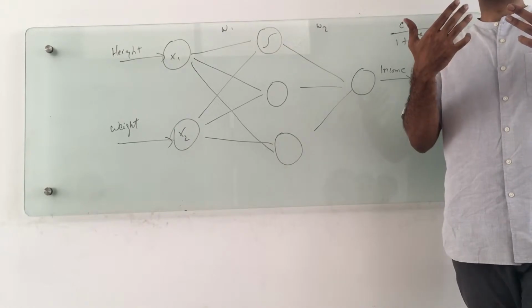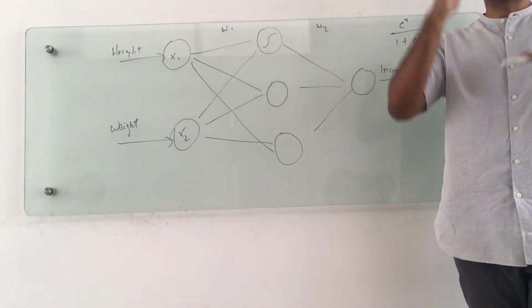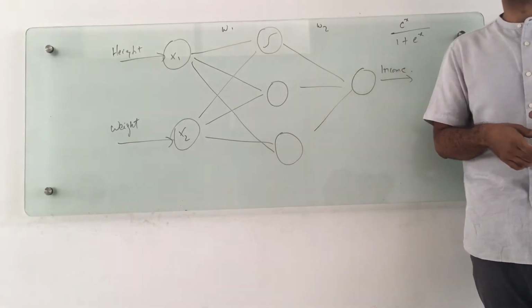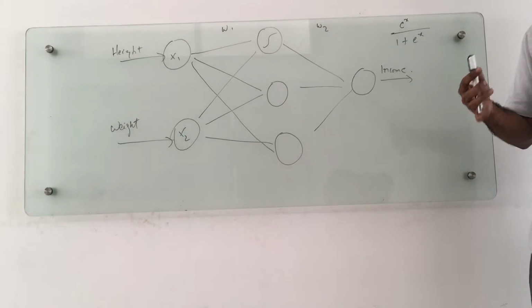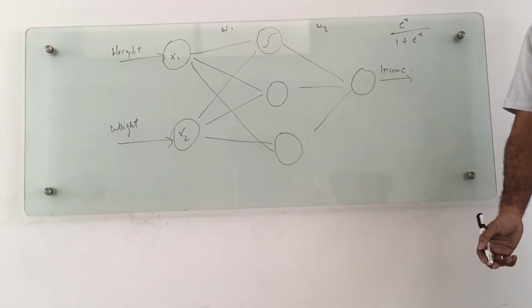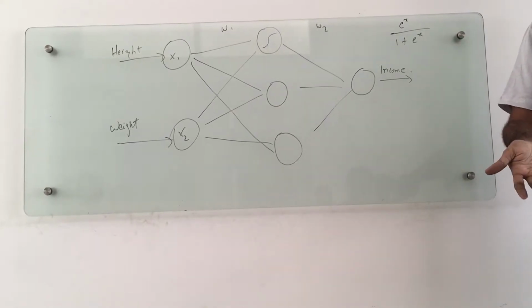If your error function is set up to do actual minus predicted, then you find the maxima, go in the opposite direction. So it depends on how your error function is set. But at the end of the day, it makes sense to look for the least value of your error. Yeah, that's true. So you're either ascending a curve or descending a curve to find that least value.